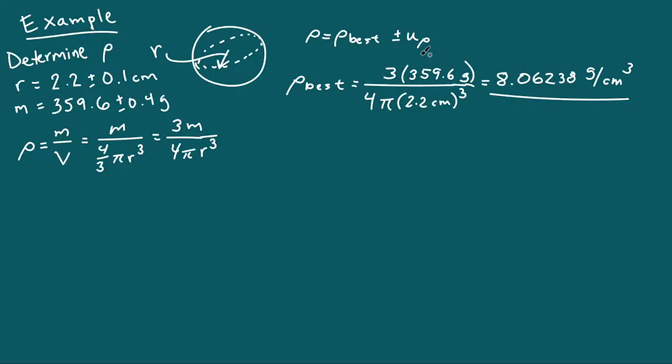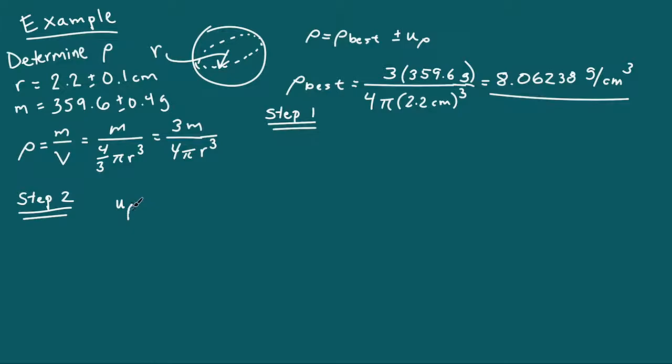So now we have to focus on calculating the uncertainty. So maybe I could call this part up here that we just did step 1, and now we're going to work on step 2. So step 2 is to find the uncertainty.